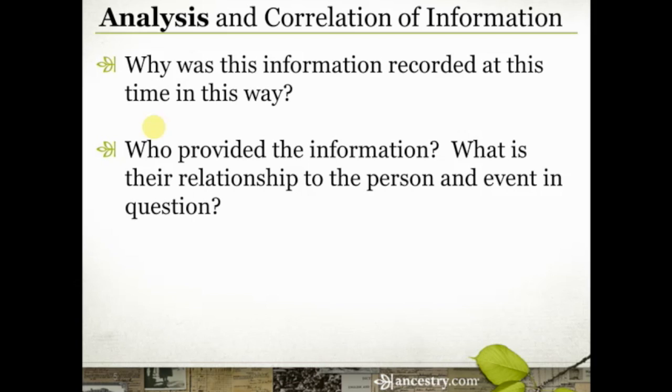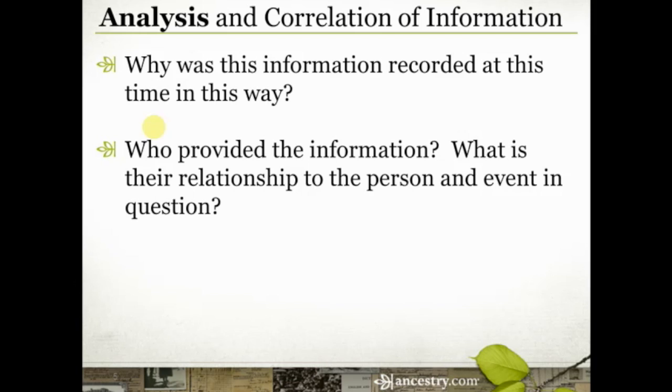And so thinking about who provided the information on a census gives you pause. You need to say, this is good information, but in my analysis of it, I need to realize that a lot of this information may be inaccurate, because the person giving the information had no clue, okay? And so keep that in mind when you're looking at census records.